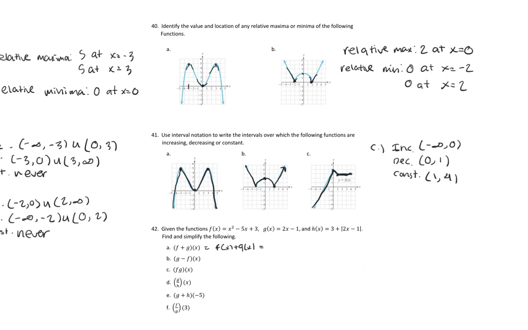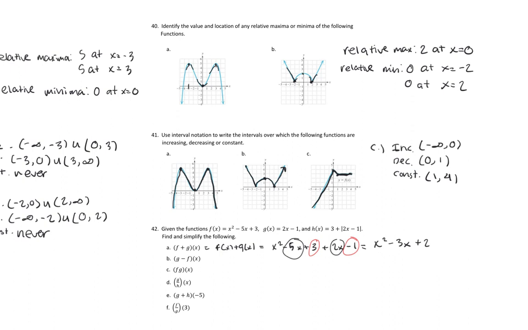So our f of x is x squared minus 5x plus 3, and that's going to be added to our 2x minus 1. If we combine like terms, we can add the negative 5x and the 2x, and then the 3 and the negative 1, right? And so that's going to give us x squared minus 3x plus 2.